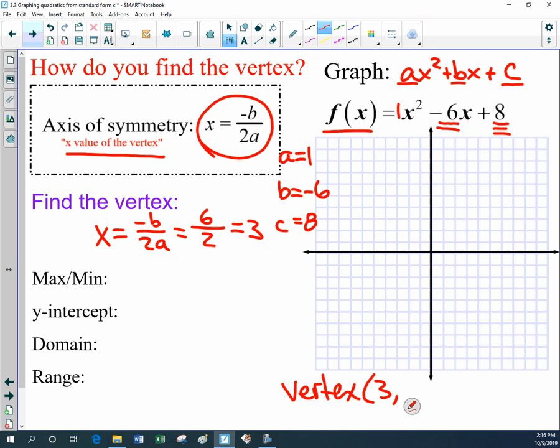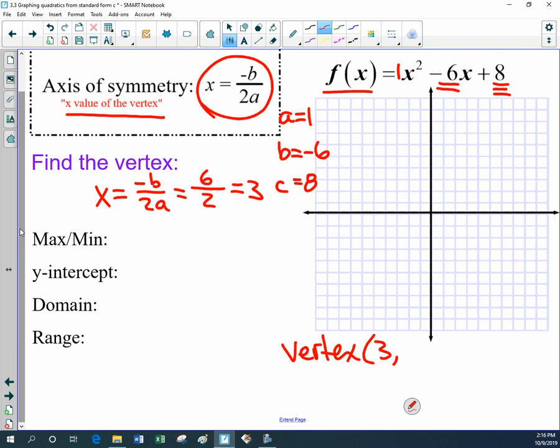And now to find the y coordinate of the vertex, we're going to plug 3 in for x in our equation. So let me just scroll down here a little bit. So we've got f of x, or y, equals x squared minus 6x plus 8.